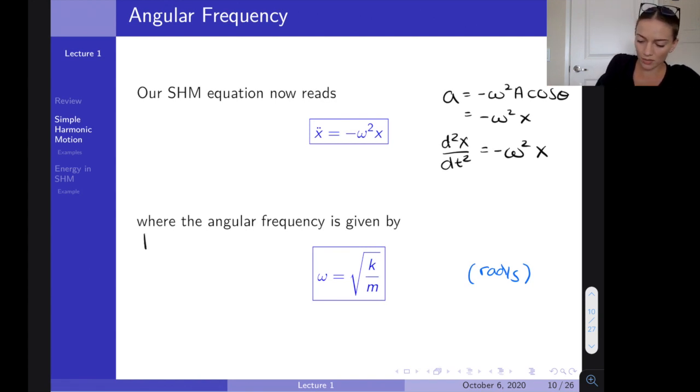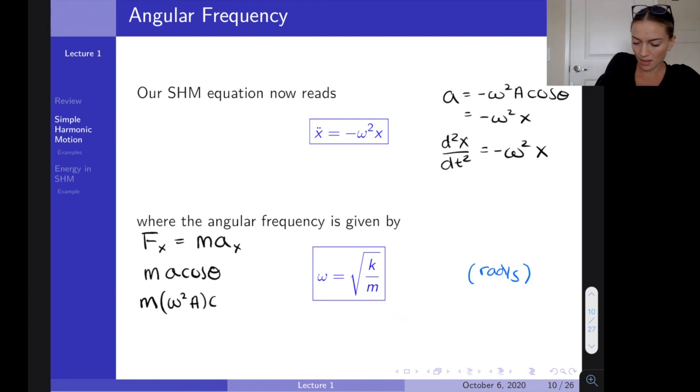So you can see that if we took the x component, where we had F equals ma, and then we said we have m times the x component of the acceleration, which would be a cosine theta. Then we can replace the acceleration as we did previously with omega squared times a times cosine theta. And remember also we had a negative sign out here because the acceleration was in the negative direction.